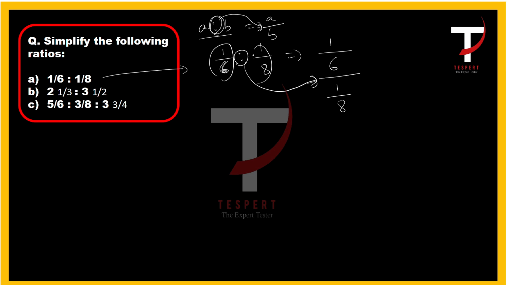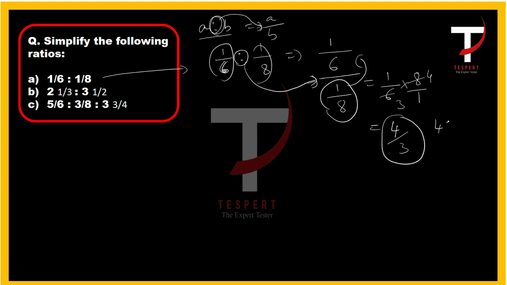So 1 by 6 by 1 by 8 is equal to 1 by 6 into 8 by 1, because the denominator becomes its reciprocal. So 1 by 8 becomes 8 by 1. So simplify this. The final simplified ratio is 4:3. Okay.